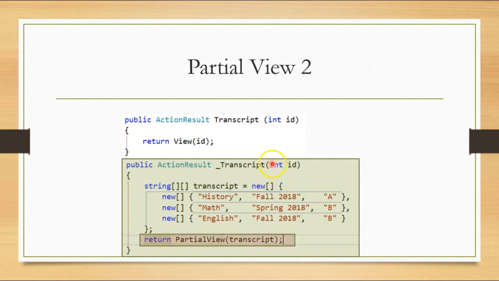Again, we have the ID, so we'll know which student we're talking about. And this is the code we had before. Notice now that instead of returning a view, we return what? A partial view. Remember, a partial view is a small section of a page. And we pass it the model, again, of a two-dimensional string array.